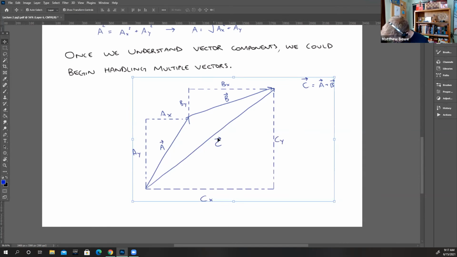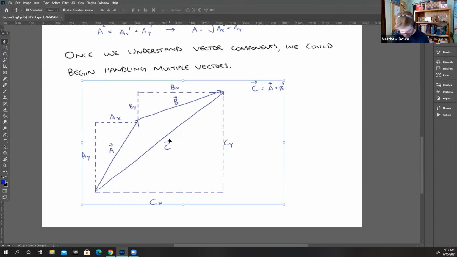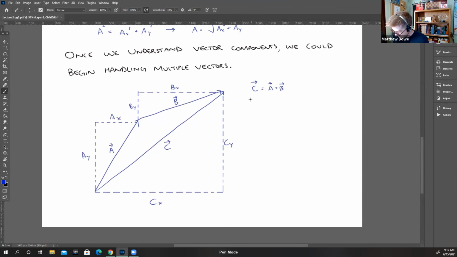Move this over, just a bit more room. So with this, I can see that C sub X, this large one on the bottom, is made from adding A sub X plus B sub X. And then I can also see C sub Y is made from adding A sub Y and B sub Y. And with this, I have these two large components.